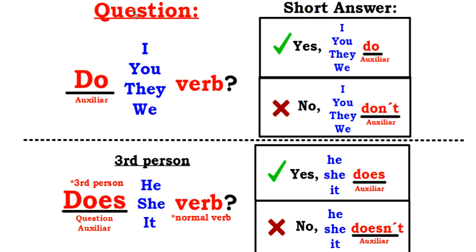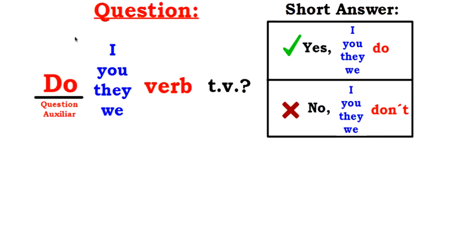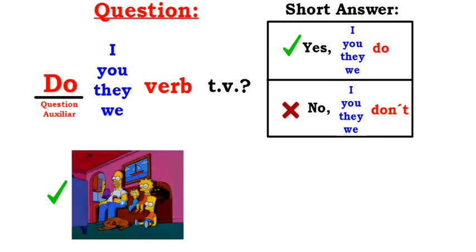Okay, remember, for the question, we use the auxiliary do or does to start the question. Then the subject, then the verb. Very good. So let's practice. For example, the question is, do they watch TV?